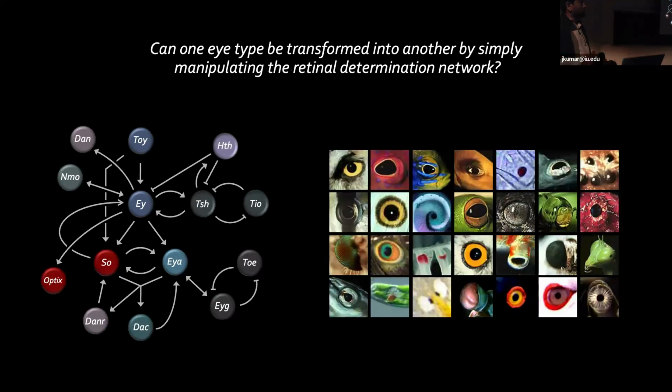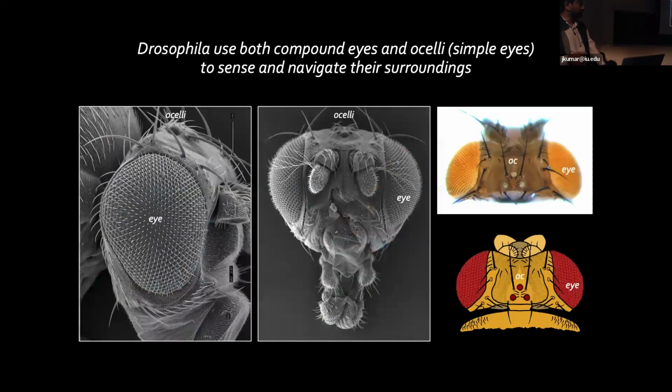As I mentioned, what we're going to do is manipulate members of this pathway and see if we can get the compound eyes to transform into ocelli and vice versa, with the idea that using the same network in two different tissues at different levels may be a mechanism for giving you a diversity of tissue and cell fates.